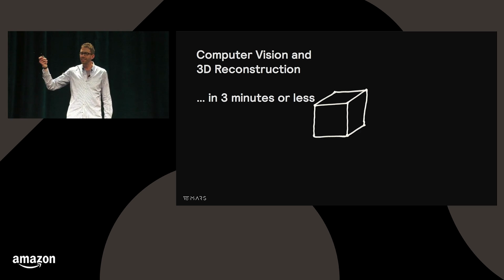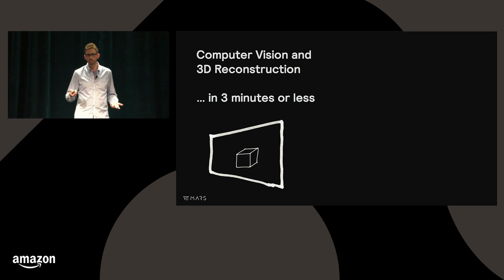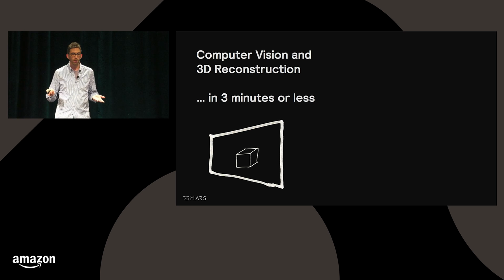So if I want to make this 3D model, essentially I don't have physical access, or the computer isn't able to access it. So what do I have instead? I have a photo. So I take a photo of that product, and I say, I want to reconstruct this 3D model of it.